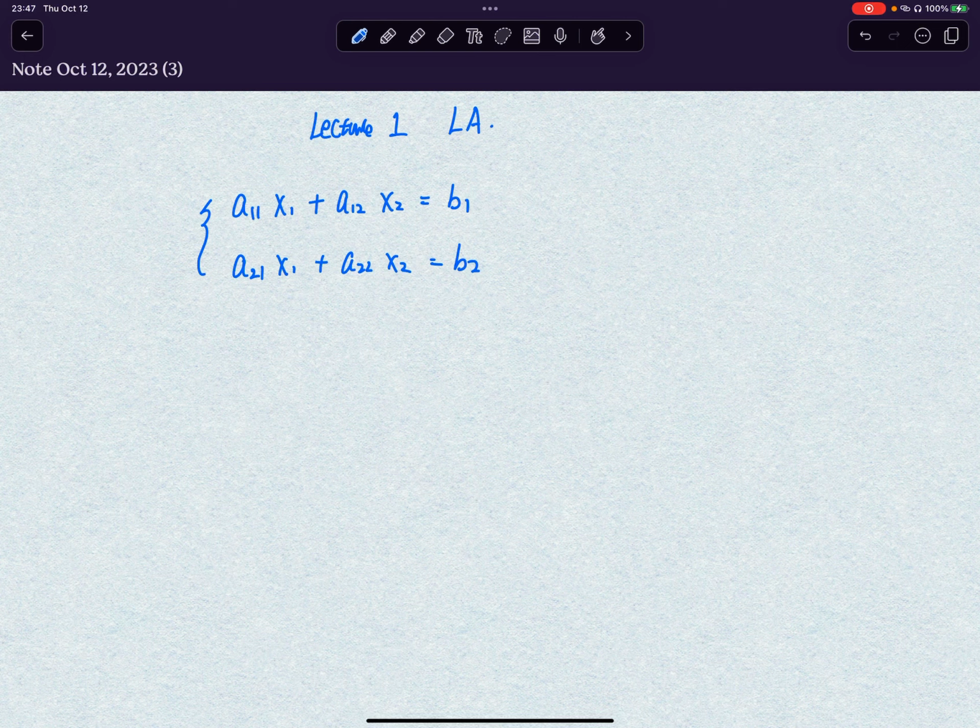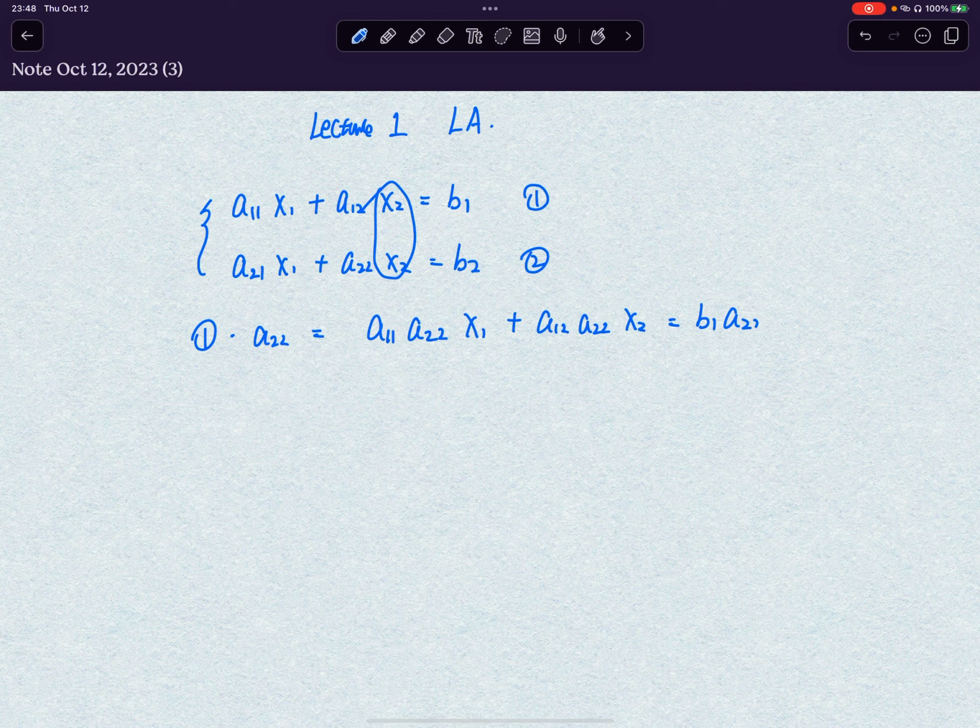For example, if we choose to eliminate x2, then we multiply a22 to the first equation. So let us call the first and the second. And we multiply the a12 to the second equation. So that is 1 times a22 equals a11 a22 x1 plus a12 a22 x2 equals b1 a22.